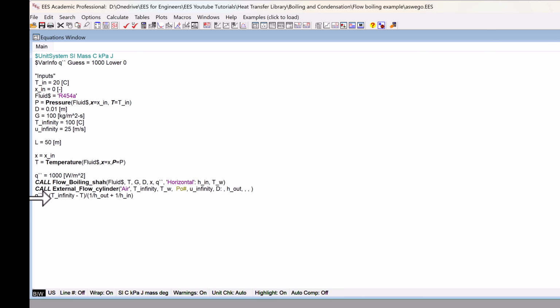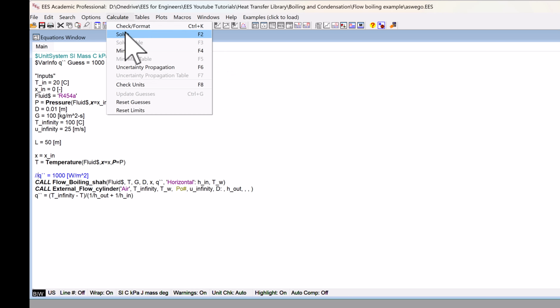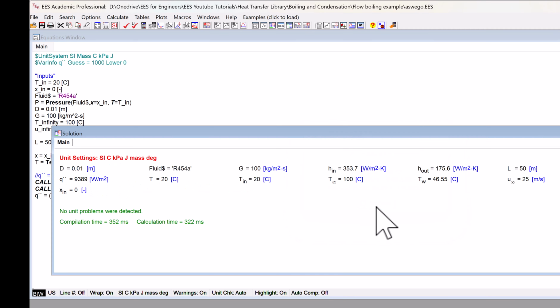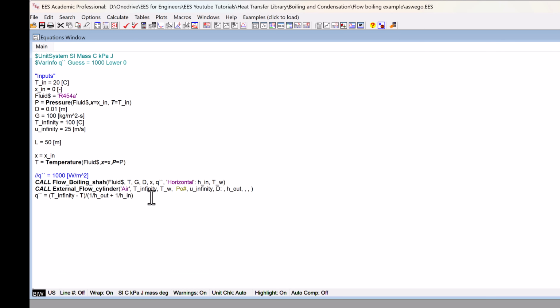And of course now I've overspecified my problem, so I probably want to comment this out. And hopefully now if I solve, it'll iterate and find that, yeah, the heat flux is actually right there, right? And the wall temperature is nicely between 20 and 100. It's 46.55. So hopefully that makes sense.